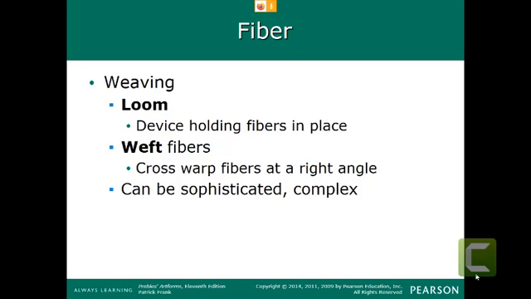You have these strings that are out in front of you, going away from you. The weft fibers are basically the fibers coming from the side, so that the material is more dense and a little bit stronger. And the thing about using these weft fibers, the overall composition can be very sophisticated, very complex, and you'll see examples of that.